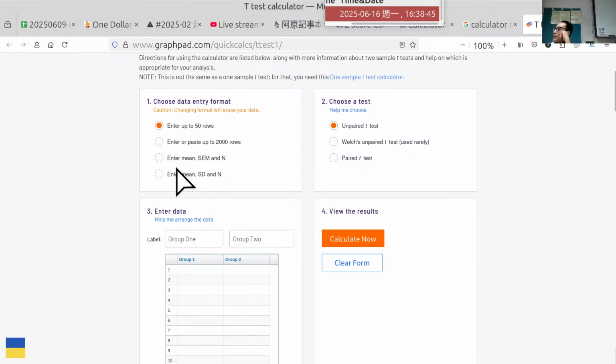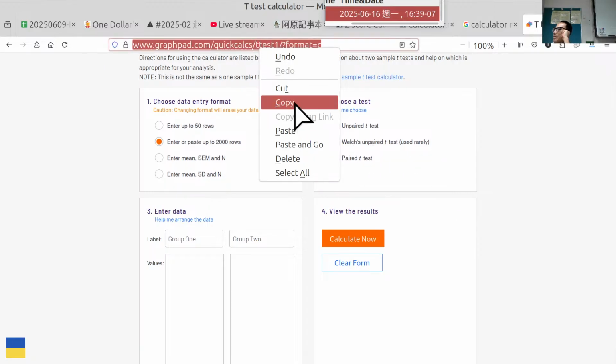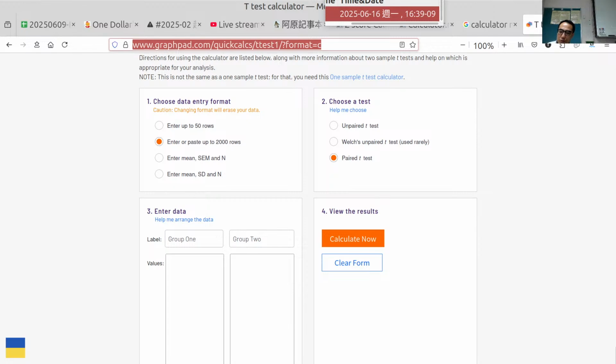And first one, enter up to 50 rows. Enter all, paste up to 2,000 rows. I can paste up here. And the second one, unpaired t, no. Which is unpaired? No, we need a paired t-test. I'm going to send this to you.